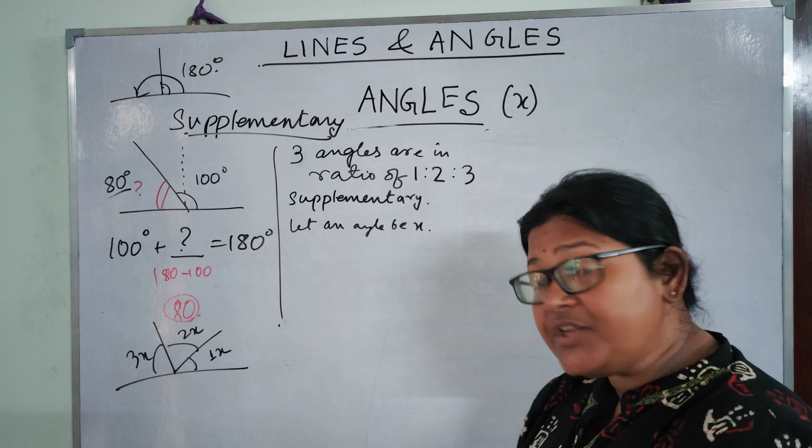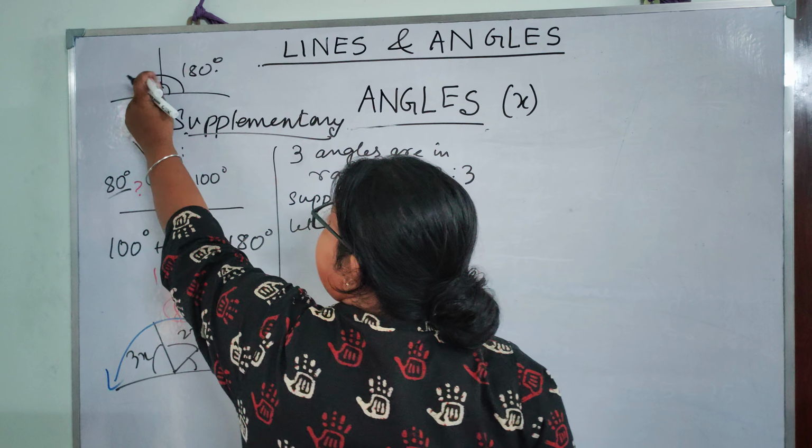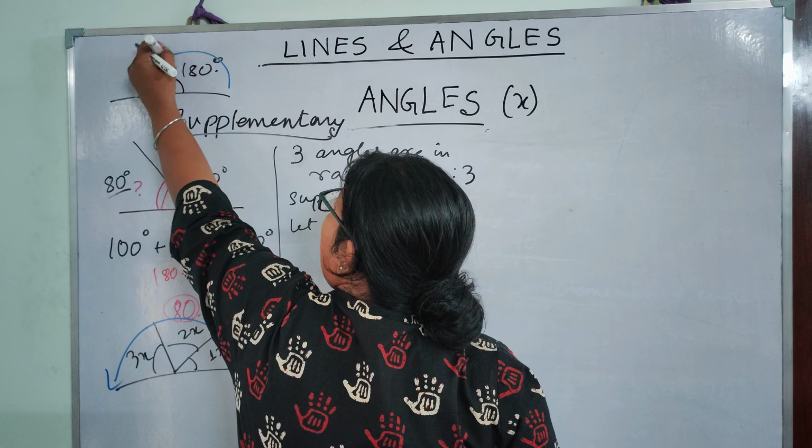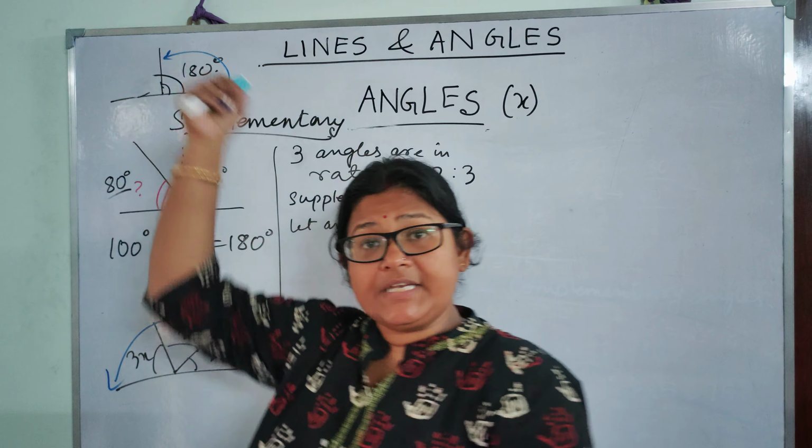Whenever you get this kind of question, always consider the whole total angle. In case of 90 degrees, what happened? We were considering the total angle of complementary. In case of supplementary, you have to consider the whole angle. The addition of three angles will always be 180. Clear? So in this case, I can write x plus 2x plus 3x is equal to 180 degrees.